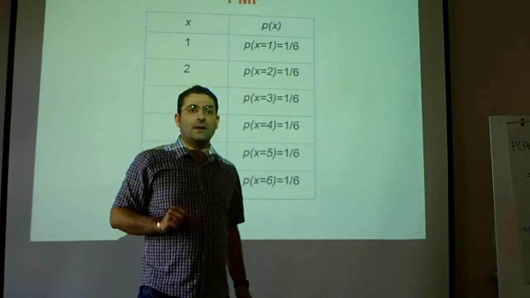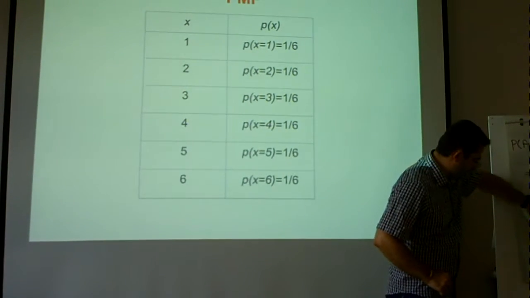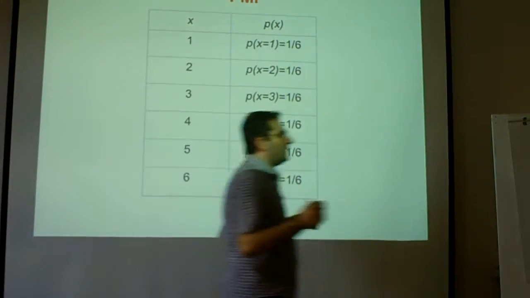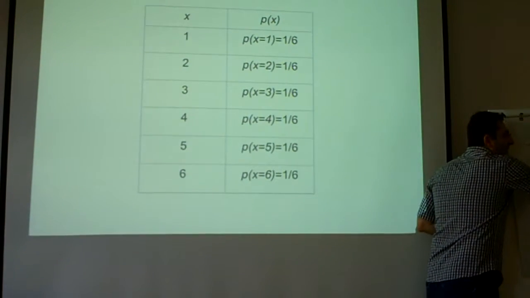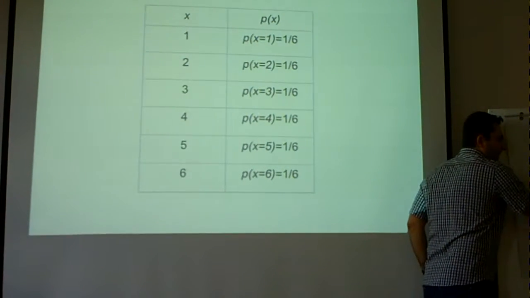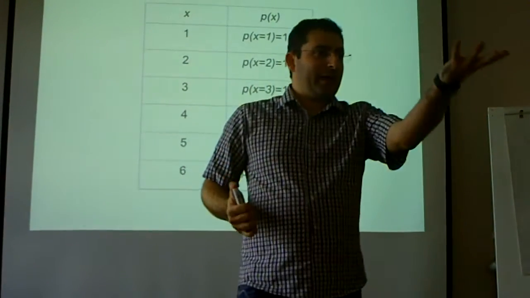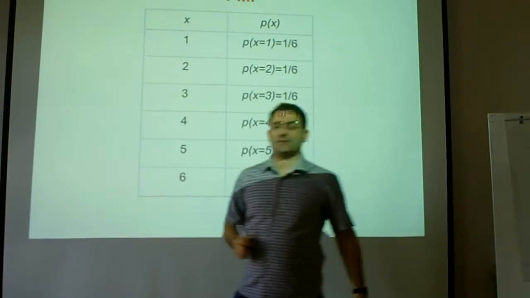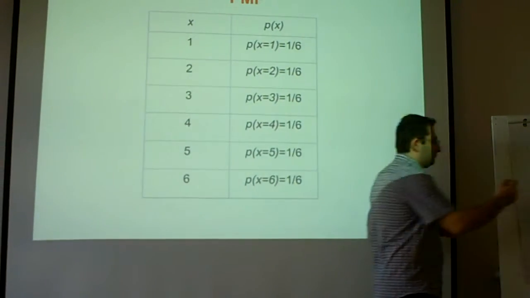Assume I have a coin. And we know that for a coin, we have head and tail. Now, if I want to say that head and tail are random variables and they are x, can you tell me what are the values of x? 1 and 2.